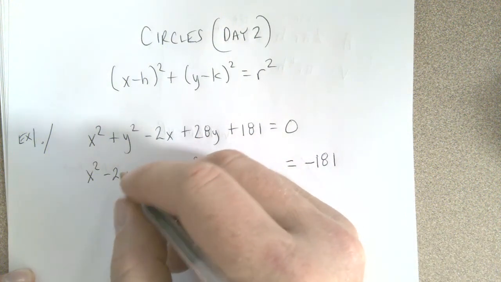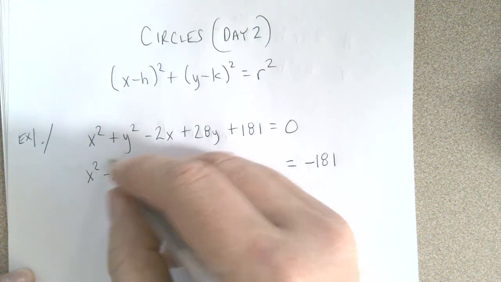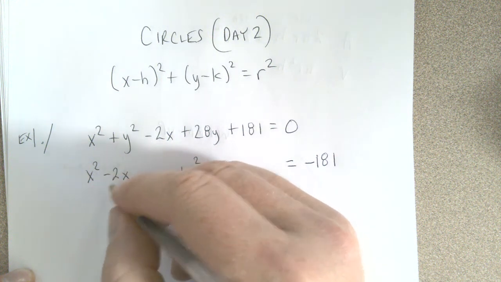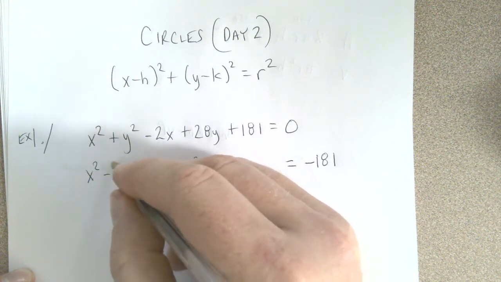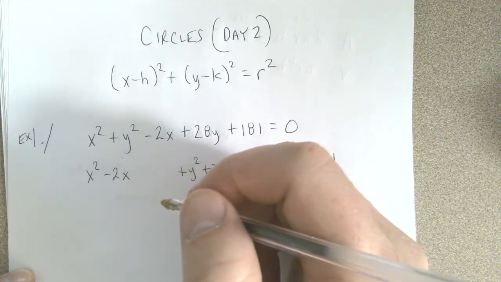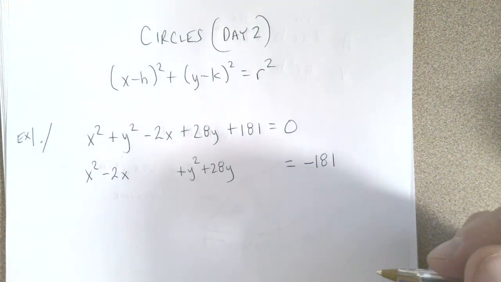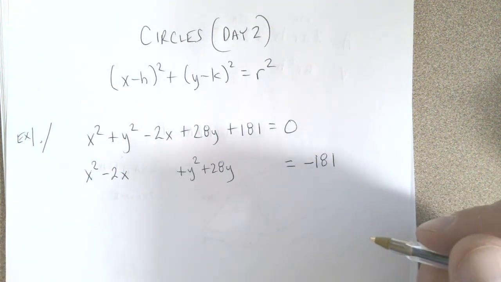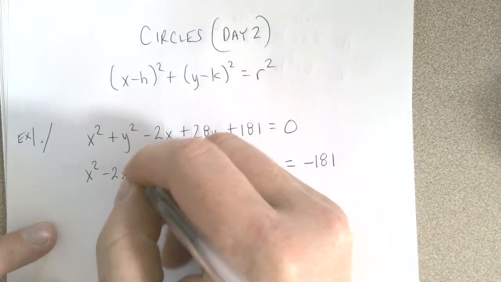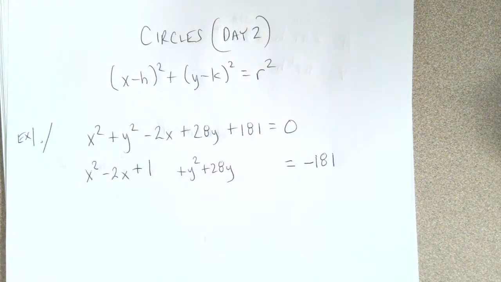So what I do is I'm going to take my b value, or the value in front of the x, and I'm going to divide it by 2. So what's negative 2 divided by 2? Negative 2 divided by 2 is negative 1. And if I square that, what's negative 1 squared? 1. So I'm going to add 1.